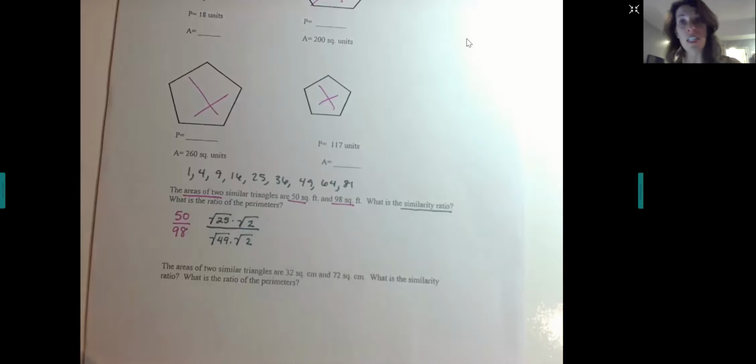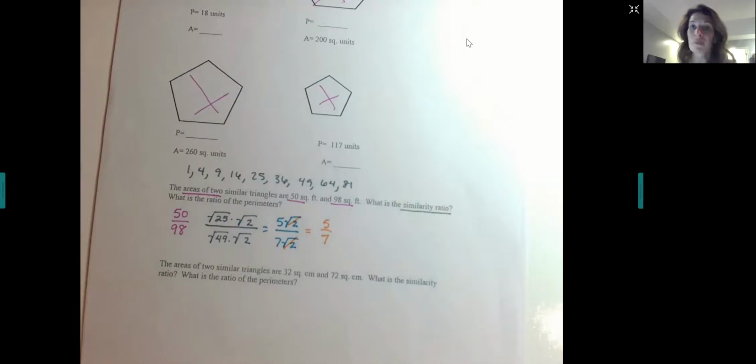The reason we're taking these square roots is because this is the area ratio and we need to find the similarity ratio. I have to take those square roots. And any monkey can put it into a calculator. You guys are not monkeys. So we are going to simplify. The square root of 25 is 5, so 5 square roots of 2. And the square root of 49 is 7, so 7 square root of 2. Now, those square roots of 2 can cancel out. They're exactly the same.